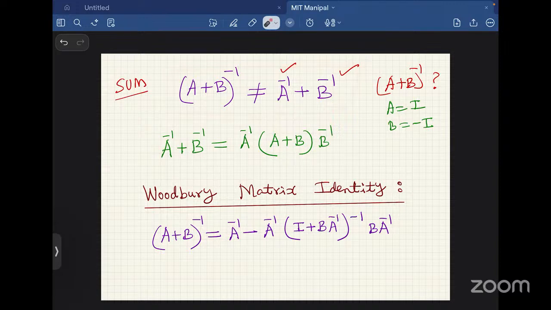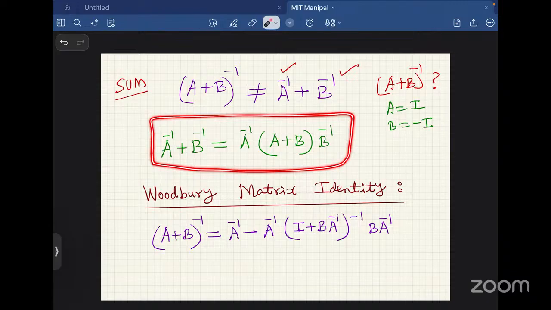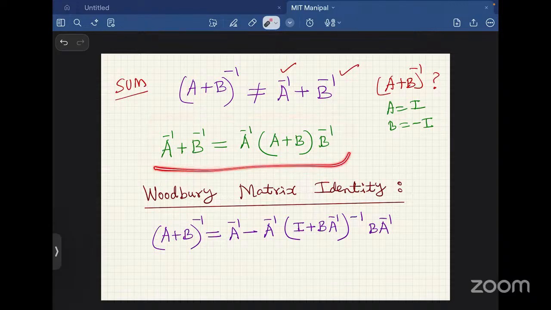There are many characterizations available for the regular inverse, and one can also split A inverse plus B inverse of this form. Then one can find the A inverse plus B inverse nicely. So this relation is useful. And there are many results available in the literature for these inverses.